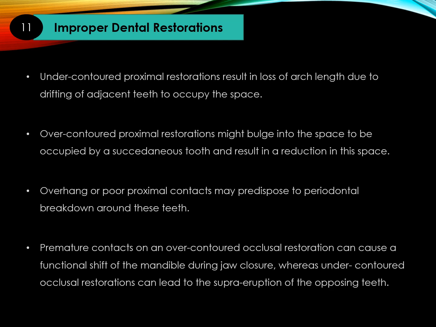Undercontoured proximal restorations can result in loss of arch length due to drifting of adjacent teeth, and over-contoured proximal restorations might bulge into the space and reduce the space for a succedaneous tooth. And also, premature contacts on an over-contoured occlusal restoration can cause a functional shift of the mandible during jaw closure. Whereas, under-contoured occlusal restorations can lead to supraeruption of the opposing teeth.